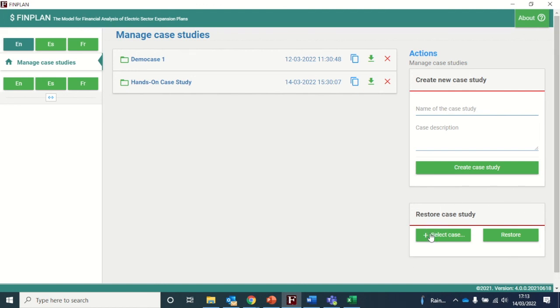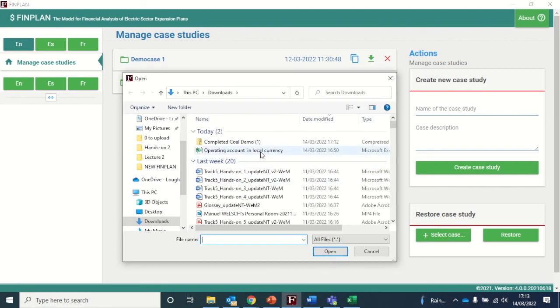So to restore a case study, we will have to click on this Select Case button, click on the file that we just downloaded, so completed coal demo. So I've already downloaded it before, which is why this says completed coal demo 1, and this is another copy, but you should have one that says completed coal demo.